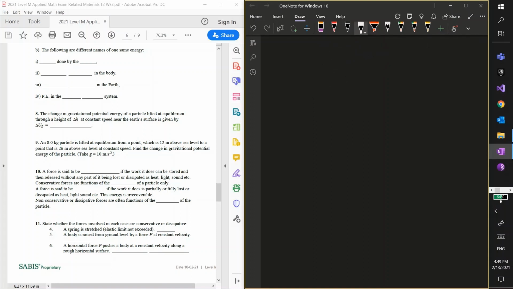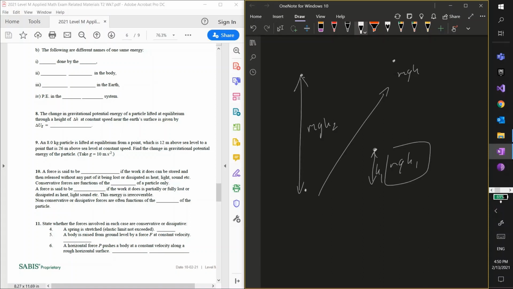Anyways, what does a conservative force mean? Whatever force acts on your body, if your object was here, let's say, and it became over here, it gained potential energy, right? Now, potential energy only depends on your position. If you're here, your potential energy is just mgh1, and if you're over here, it's going to be mgh2, for example.